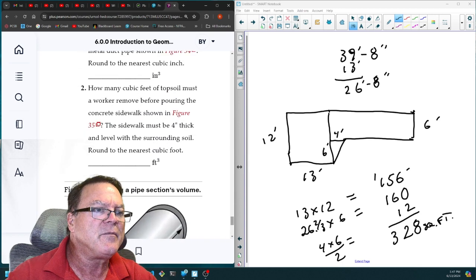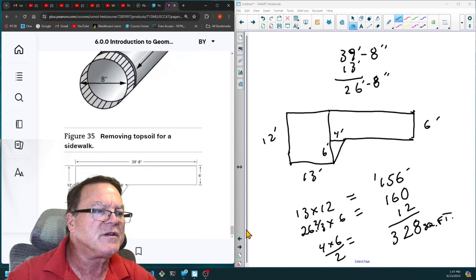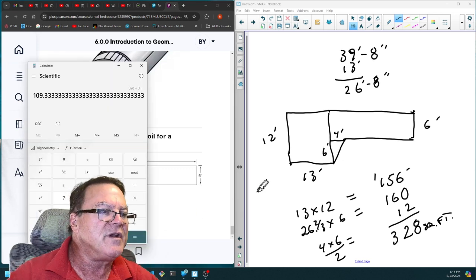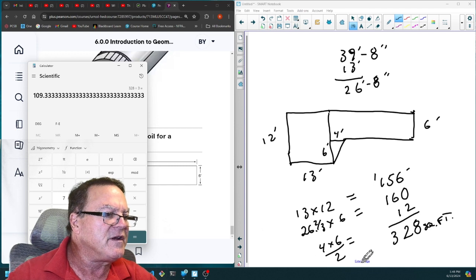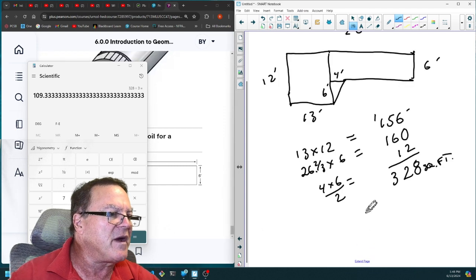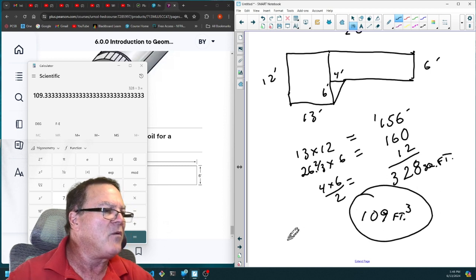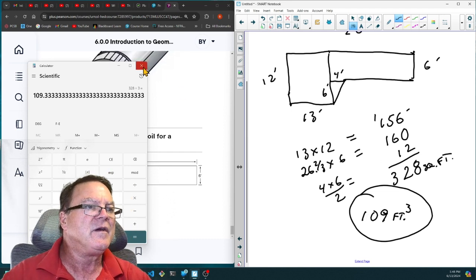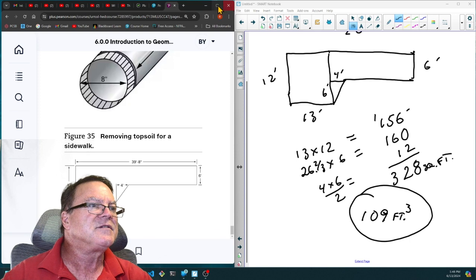They said round to the nearest cubic foot. So I'm going to round to 109 cubic feet. That's my answer, 109. There, 109 cubic feet. Very good. All right. Let's go on from here.